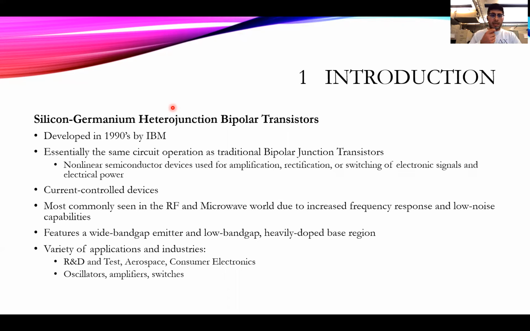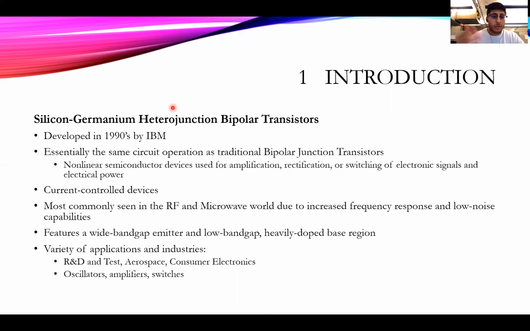These days, you can find BJTs, MOSFETs, or any type of transistor, moreover, in any type of electronic device, really. There are hundreds to thousands to even millions of these devices and products. They have purposes of amplification, rectification, switching, for high frequency, high power, low power, digital, analog, everything.